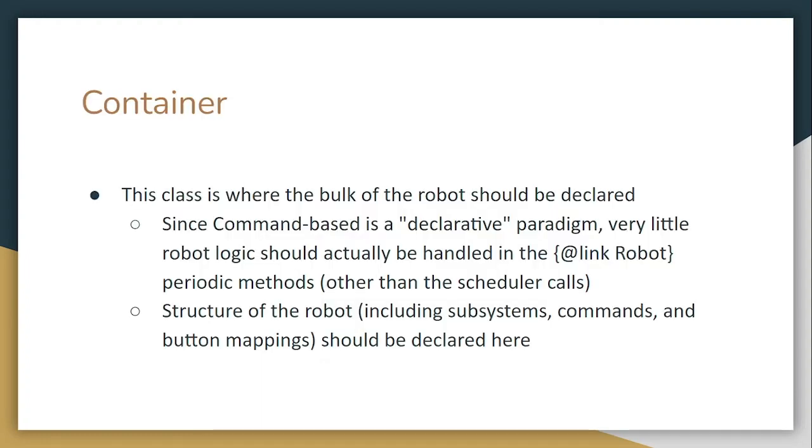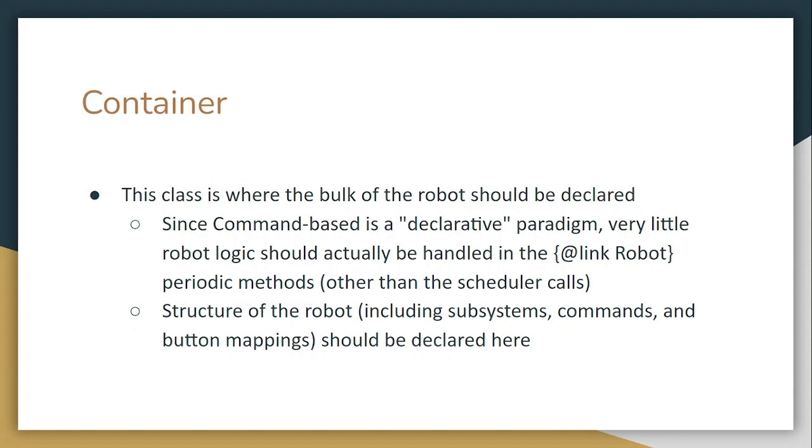Next, we have the miscellaneous classes. The first being container. This class is where the bulk of the robot should be declared. And since command base is a declarative paradigm, very little robot logic should actually be handled in the container, having robot periodic methods other than the scheduler calls.